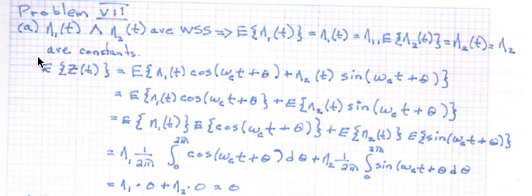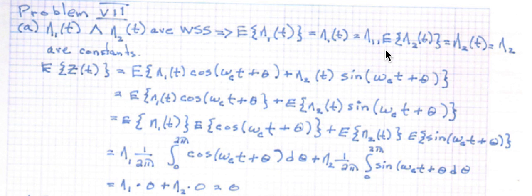Starting in Section A, we have N1 of t and N2 of t are WSS. The expected value of N1 of t is equal to eta 1 of t, which is equal to eta 1.